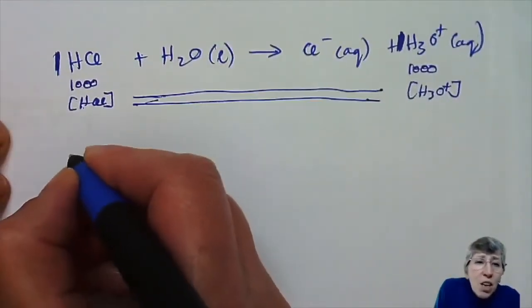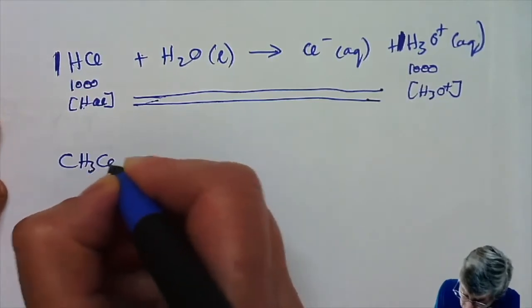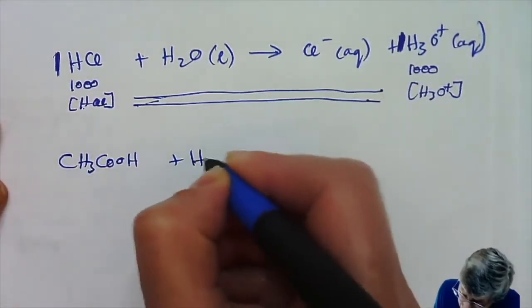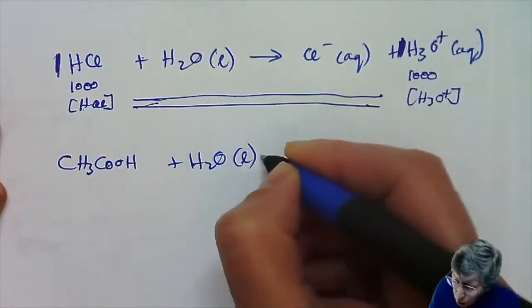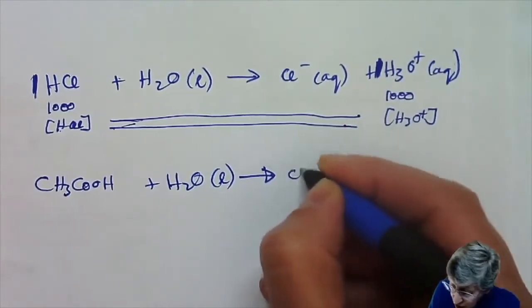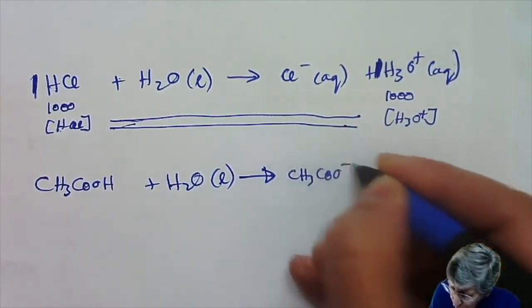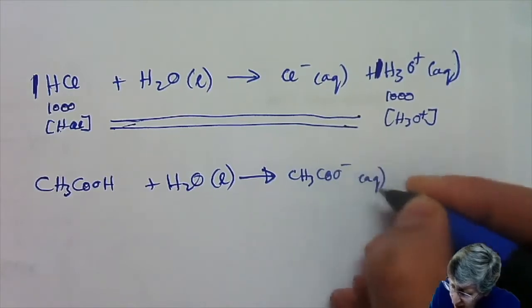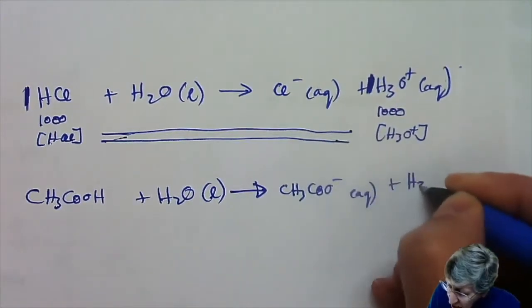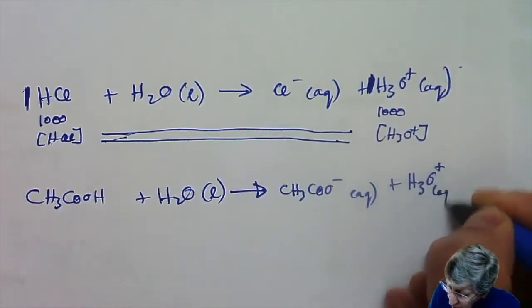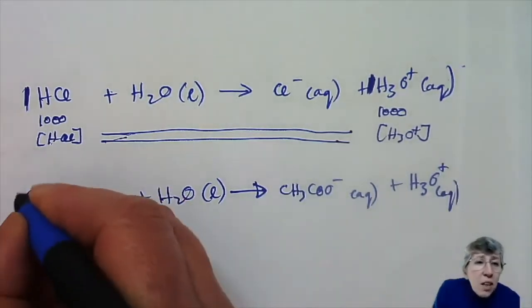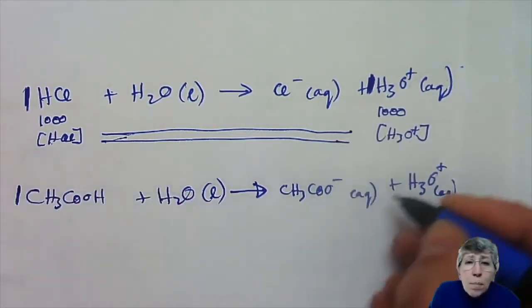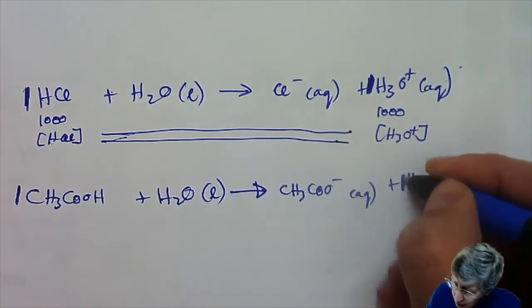But if I look at something like CH3COOH, if that reacts with water, you will also have ionization, CH3COO-, you get an acetate ion there and the hydronium ion. Right, and once again, one of this will make one of that.